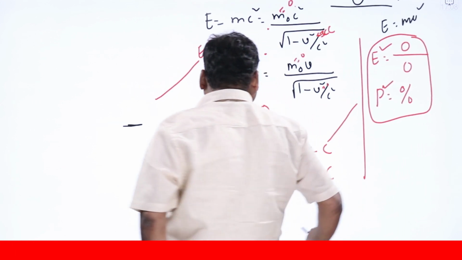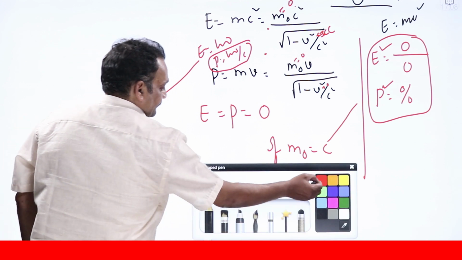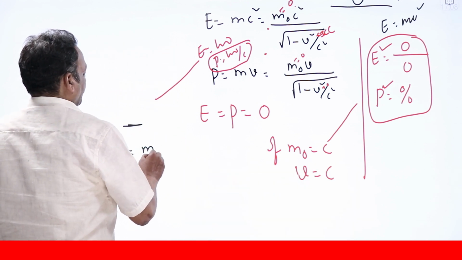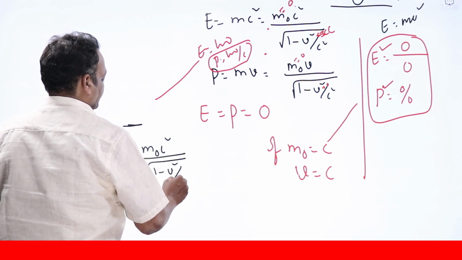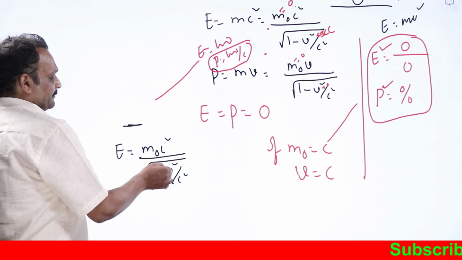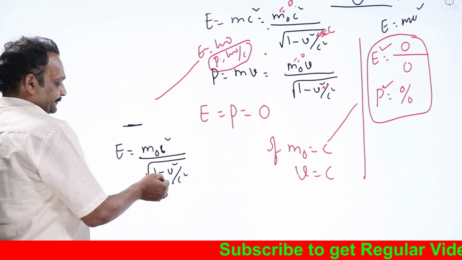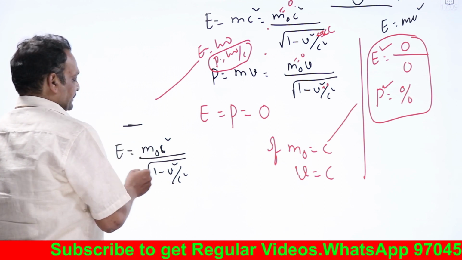So E equal to m naught c square by root of 1 minus v square by c square. I'll take the LCM, c square minus v square by c square. The c square comes out of the root and becomes c here.